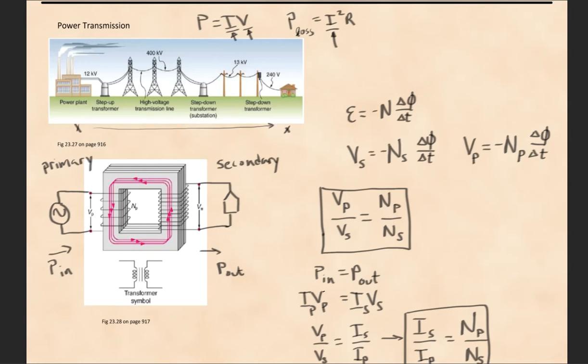So if I increase the voltage by selecting appropriate primary and secondary numbers of turns, I can go from, for example, up here in this picture, 12 kilovolts up to 400 kilovolts. That is a step up, or a multiplication of 33 1/3.